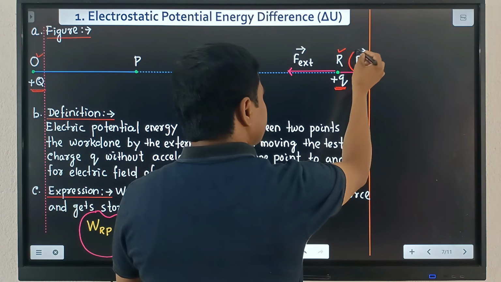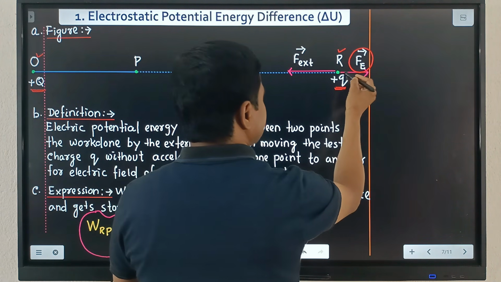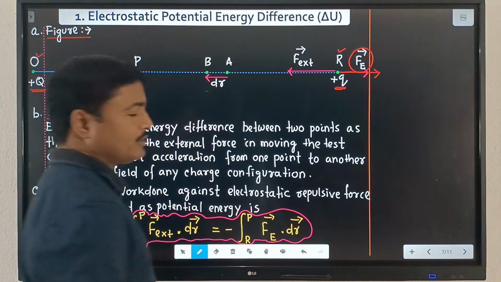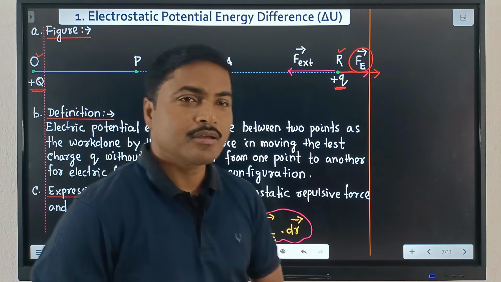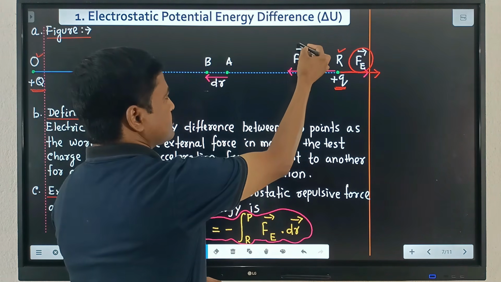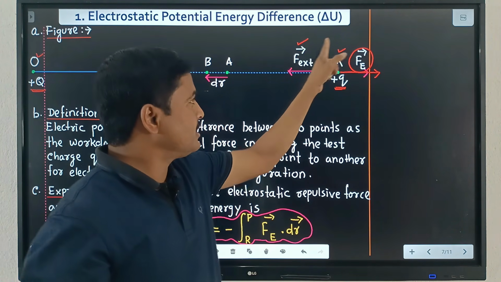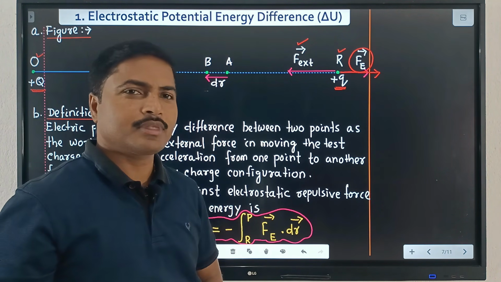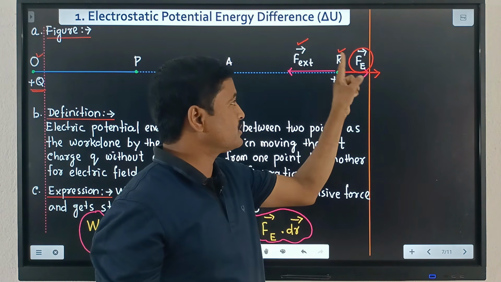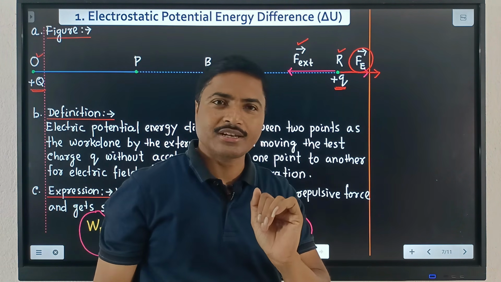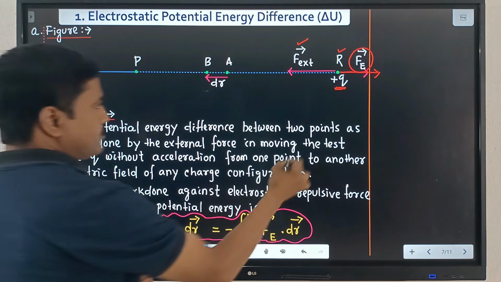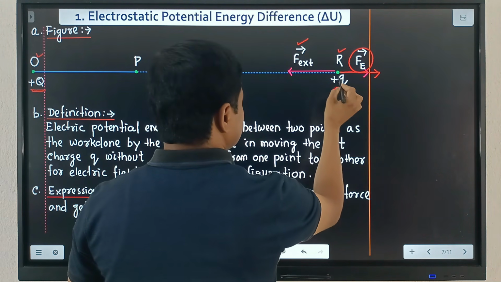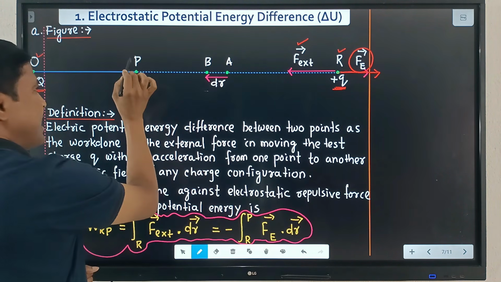Then electrostatic force is applied on this test charge along this direction because both are positive. Then we apply an external force just opposite to the electrostatic force, and magnitude of the external force is approximately same as the electrostatic force, so that the test charge plus q starts to move from point R to P.